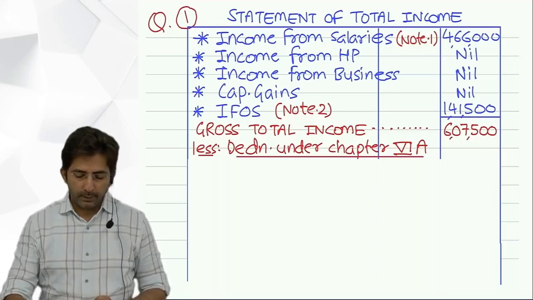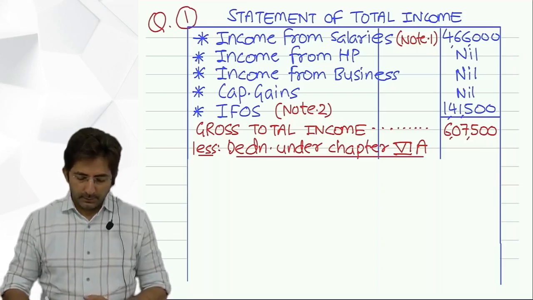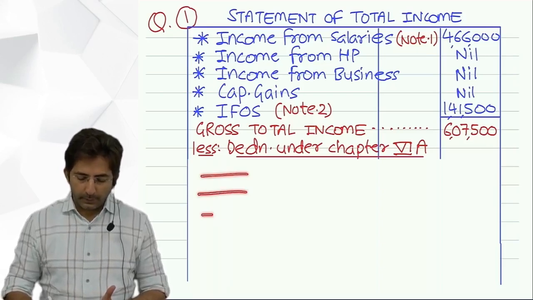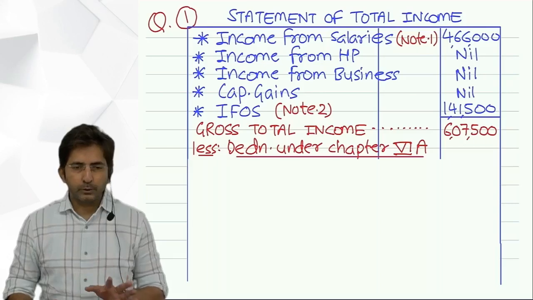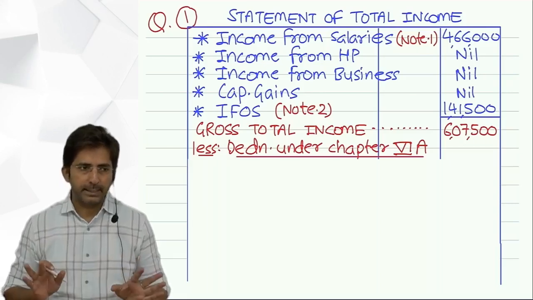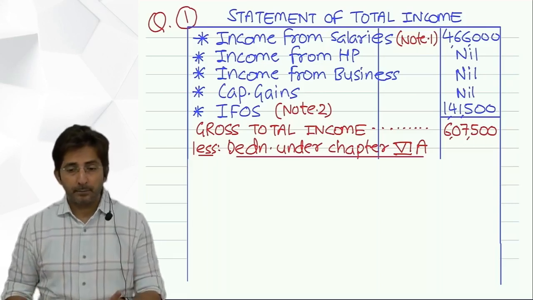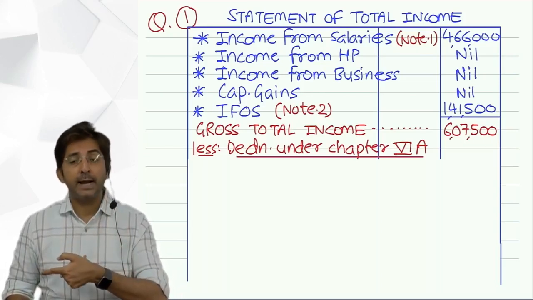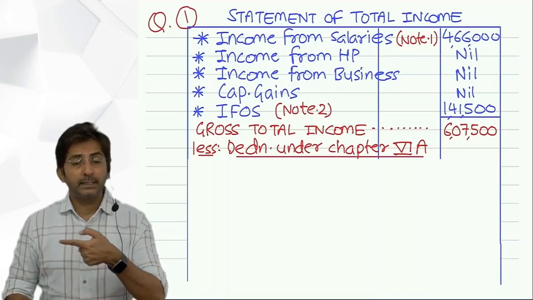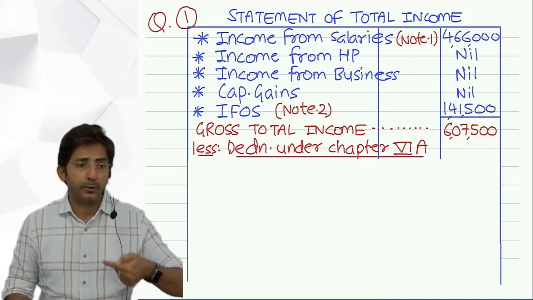Now, one confusion you will have is, sir, in which order should we take these sections? See, there is no fixed order. You can take any section first, any section last. But 80GG I will keep last. Why? Because for 80GG I need adjusted gross total income.